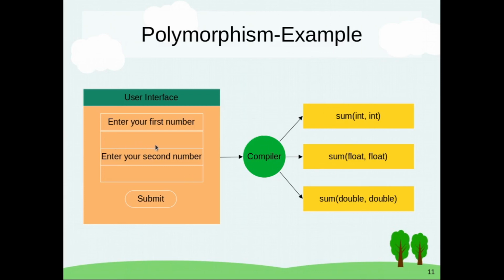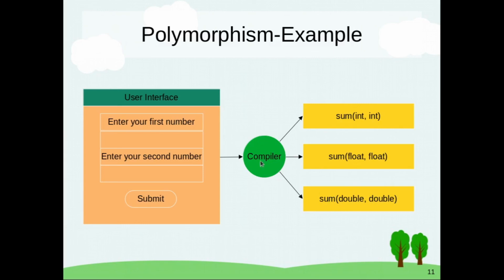If the user enters an integer, it is the responsibility of the compiler to call the first function because the argument of this function is an integer. If the user enters a float number, then the compiler calls the sum float function, which has float arguments. And if the user enters double numbers, the compiler calls the sum double function.